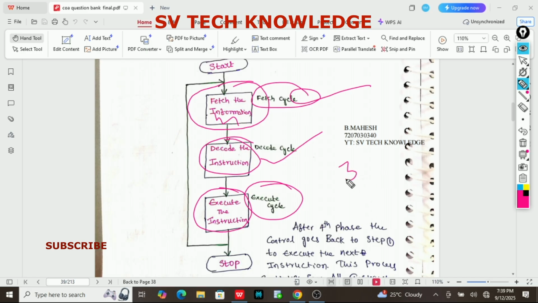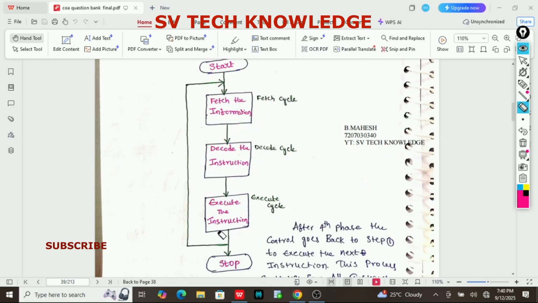The third one, which is extracting the effective address, is optional. If it is necessary we do it, otherwise we don't. I will explain when we have to do that and when we don't. After the 4th phase, for every instruction it goes back to step 1 and executes the next instruction.